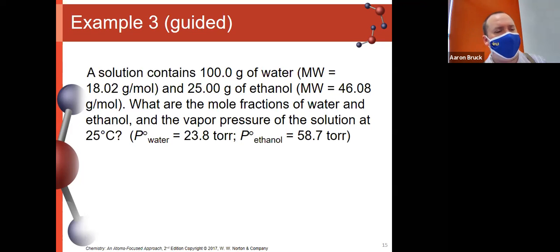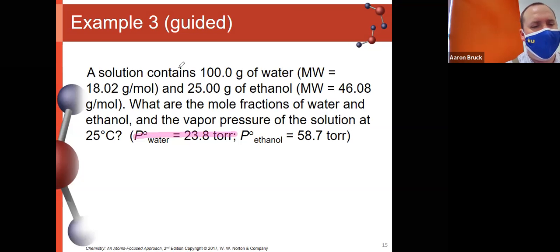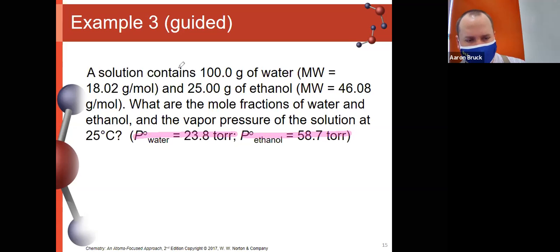We are told that the vapor pressure of water is 23.8 torr, and that the vapor pressure of ethanol is 58.7 torr. Since we are given two vapor pressures, this would fall into the category of the second type. I've got two volatile substances.